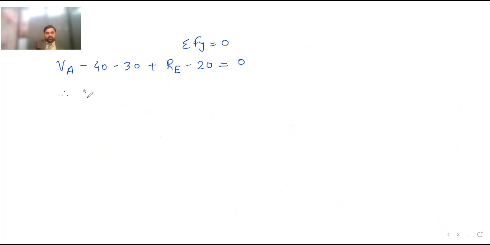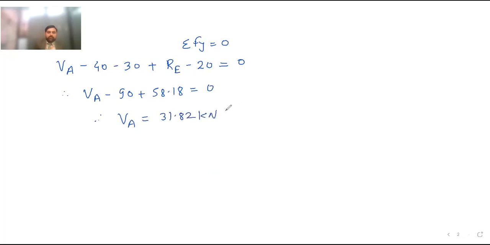So therefore, VA minus 40 minus 30, minus 70, minus 20, minus 90 plus 58.18 is equal to 0. Therefore, VA is equal to, calculate the value, 31.82.